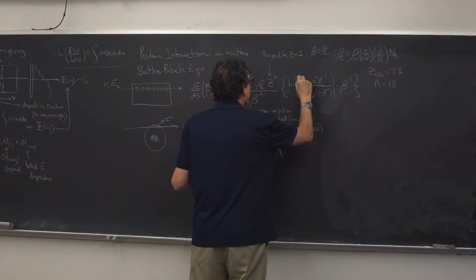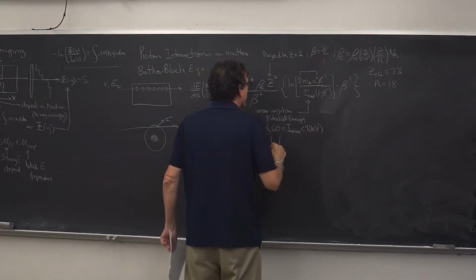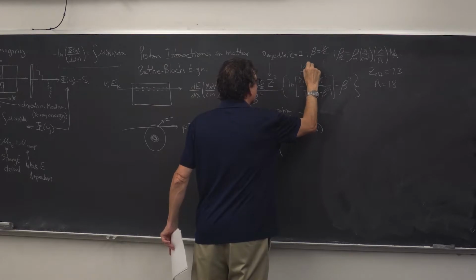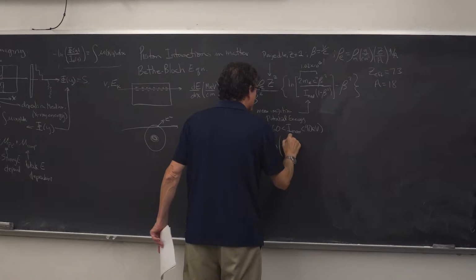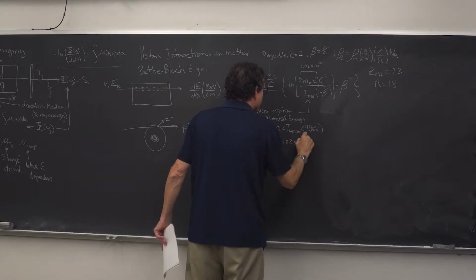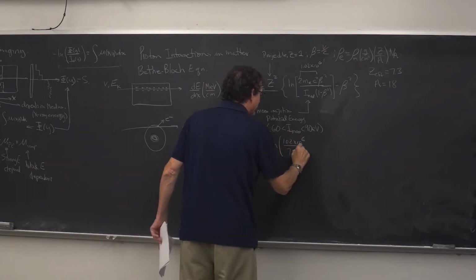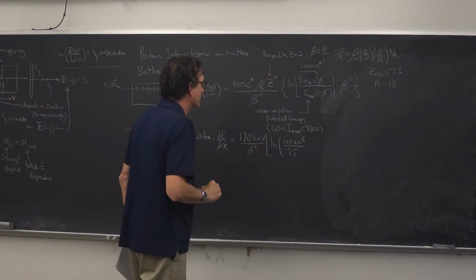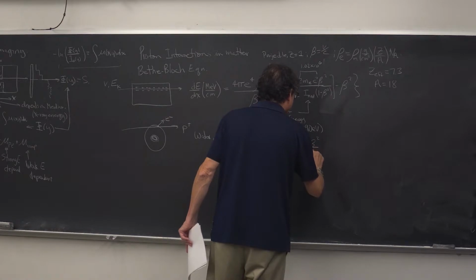2me c squared, by the way, in terms of electron volts would be 1.02 times 10 to the 6th. So we can put 1.02 times 10 to the 6th in here. We can divide it by the mean ionization potential for water, which is 75, and then we have to put in the energy dependent terms, beta squared times 1 minus beta squared minus beta squared.